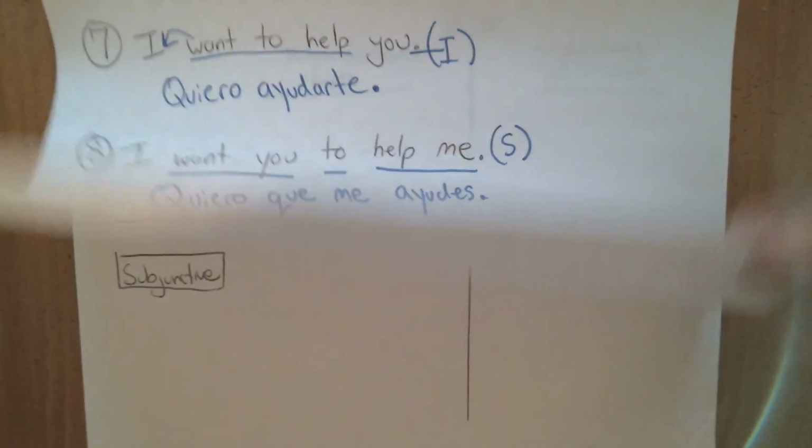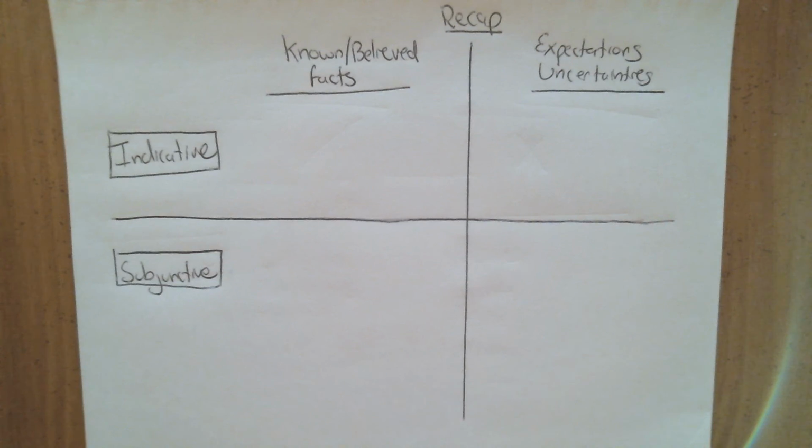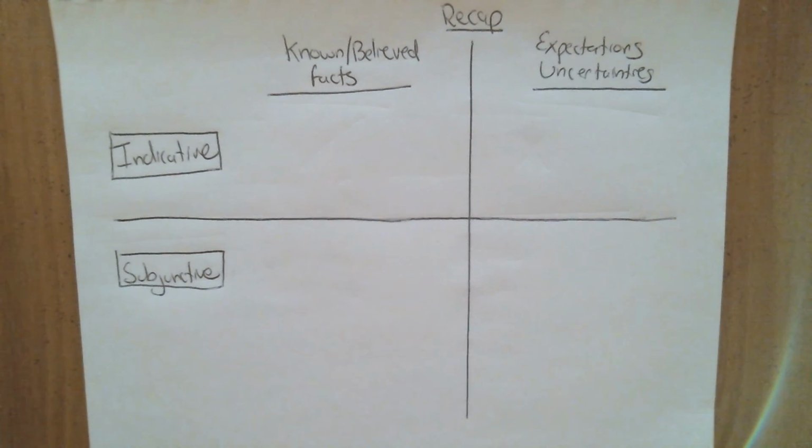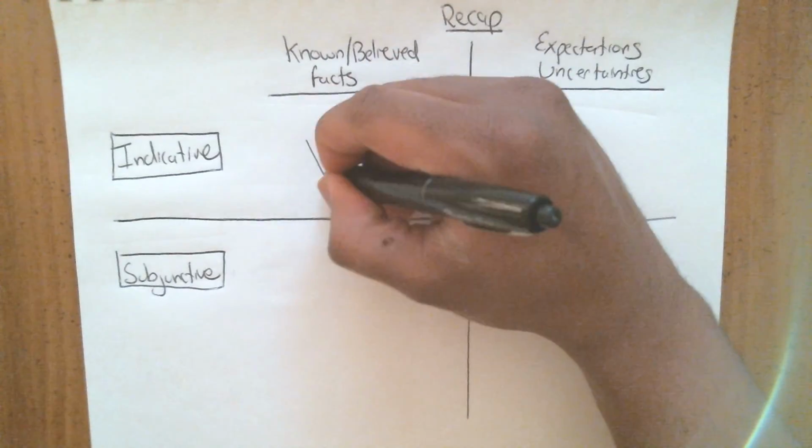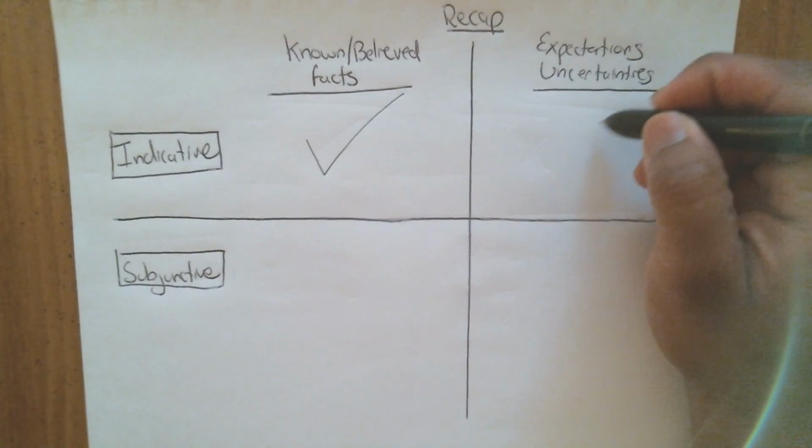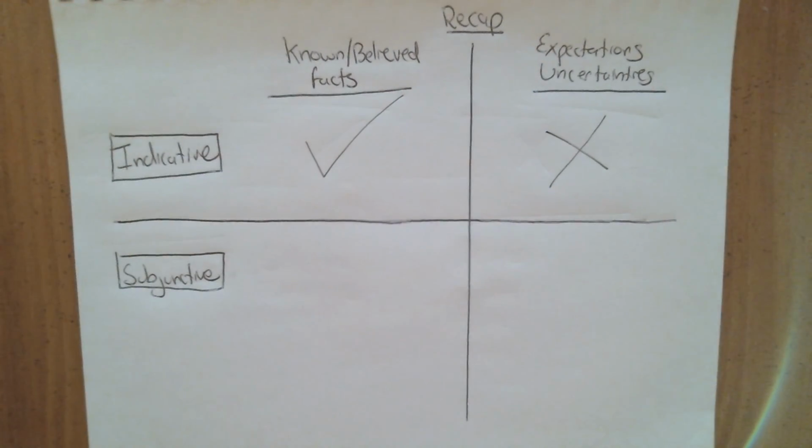But in the meantime, here is a brief recap of everything we just went over, and this will hopefully help you to put it all in perspective. So, you use the indicative to express a known fact or a believed fact. You do not use the indicative to express expectations and uncertainties.